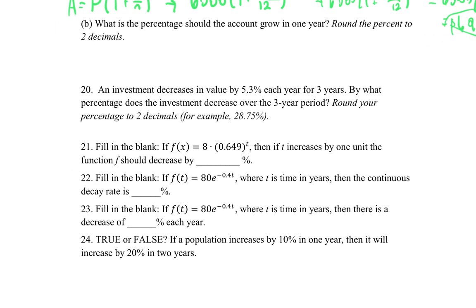Okay. What is the percent the account is going to grow in 1 year? Round the percentage to 2 decimals. So I'm going to set this up the same way. I'll say the amount after 1 year over the amount at the start. So we need to see how much we grow in a year.